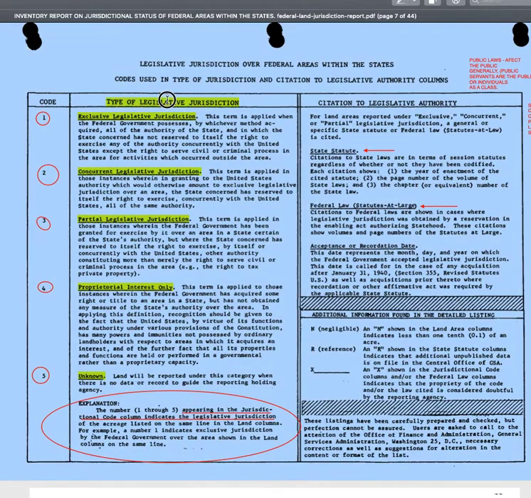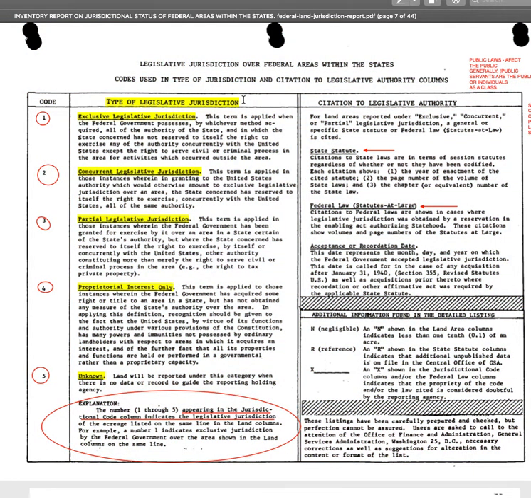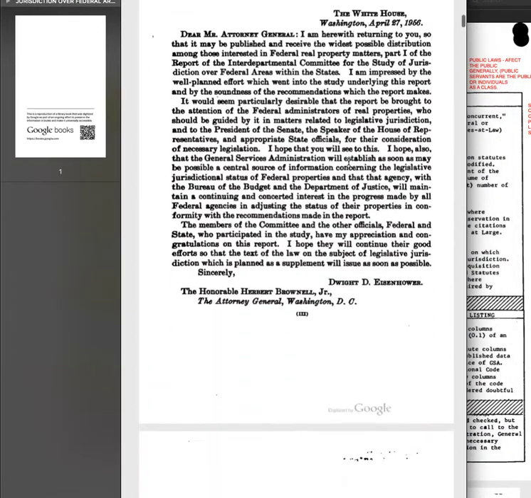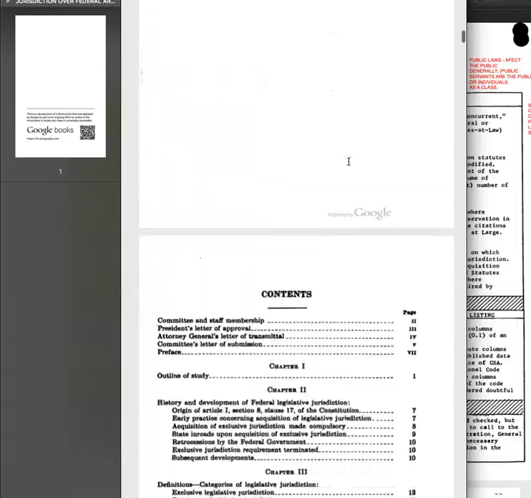And this is type of legislative jurisdiction. Okay, the types: exclusive, concurrent, partial, proprietorial, and unknown. What do these mean? This is the only, number one, code 1, that's the jurisdictional code. Now, I just read to you in the report, it talked about jurisdictional status.